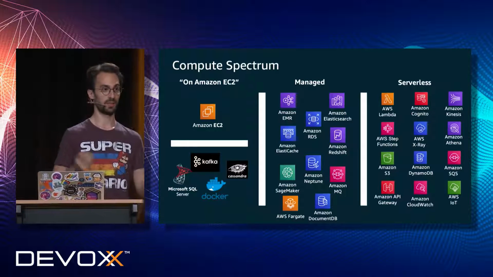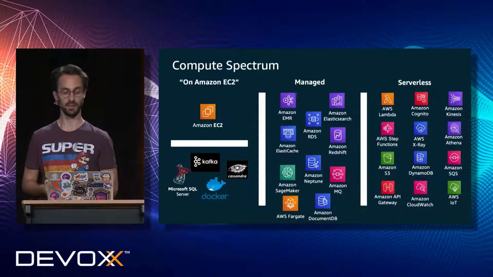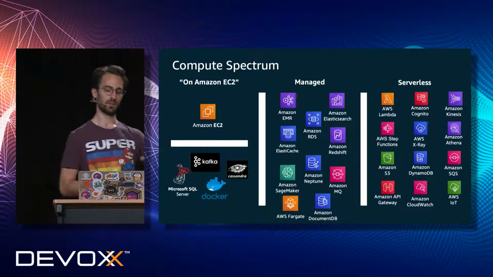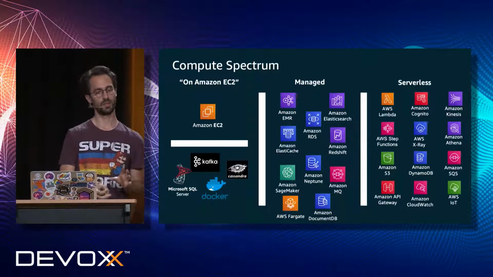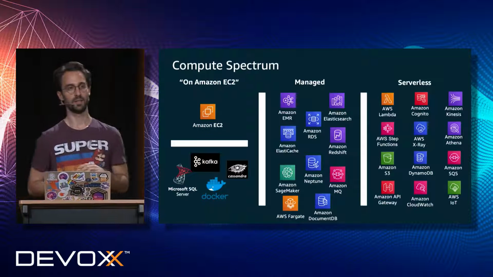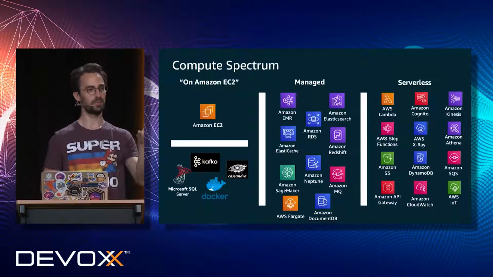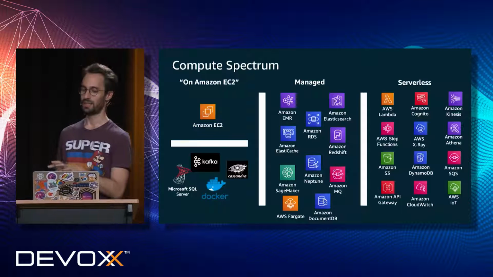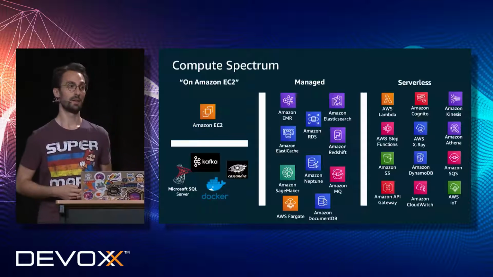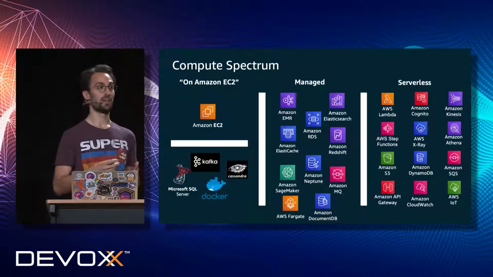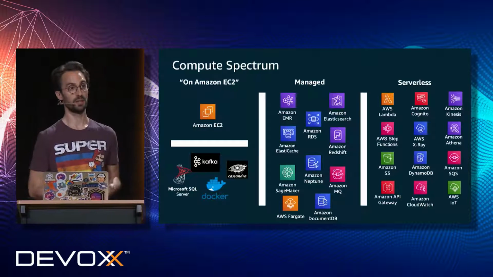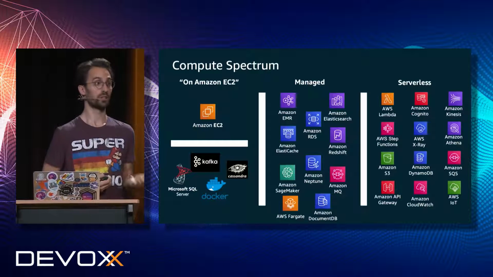That was announced like 13 years ago on AWS. We called it EC2. There is a middle layer that we called managed services. Most of the middle and right sections contain managed services, but here in the middle we find stuff that is not entirely serverless for different reasons, either because these services have an hourly cost, independently of whether you are using them or not, like Amazon RDS, for example.